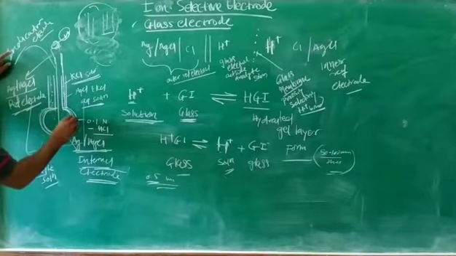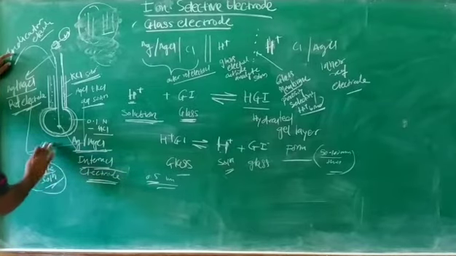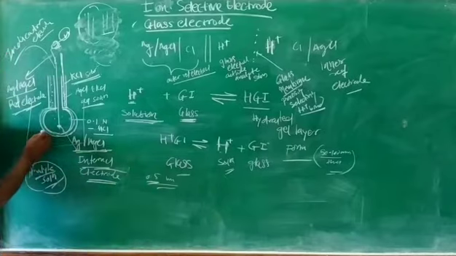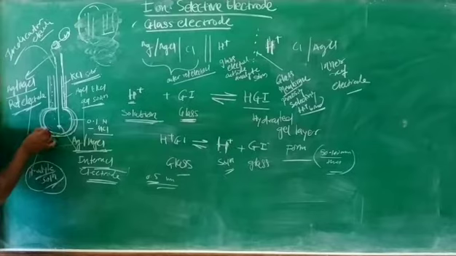So when we dip this electrode in the analyte solution, the hydronium ions from the solution are bound by ion exchange with the membrane of the electrode.